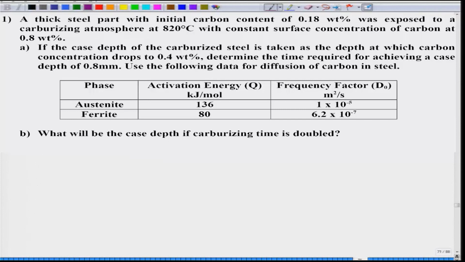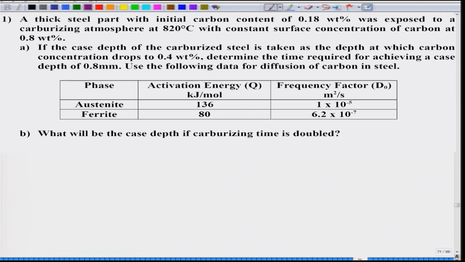So, here is the first problem. This is on the carburizing. A thick steel part with initial carbon content of 0.18 weight% was exposed to a carburizing atmosphere at 820 degree centigrade with constant surface concentration of carbon at 0.8 weight%.